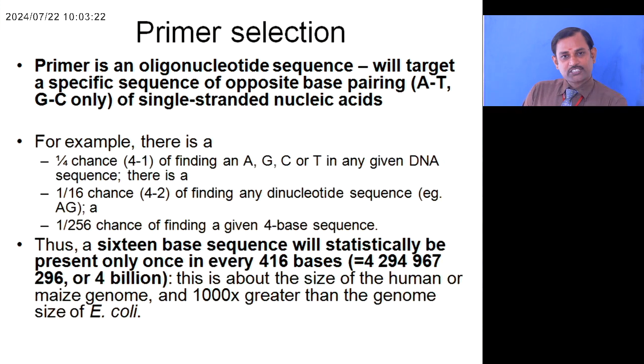For successful running of PCR, we need to have a specific primer, because the primer is very important to elongate or copy the complementary strand. So selection of a primer is very important before starting the PCR technique.